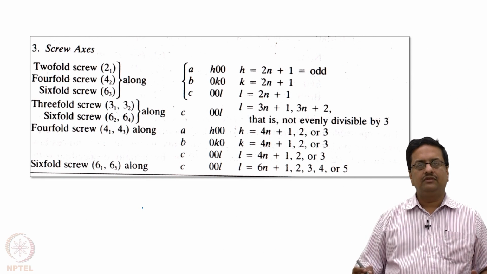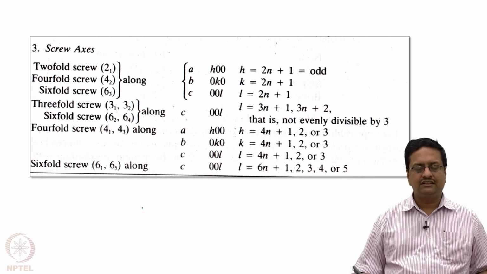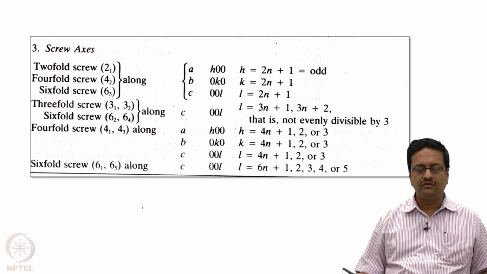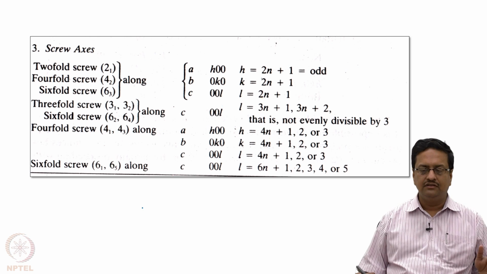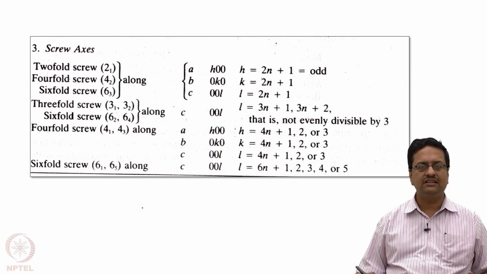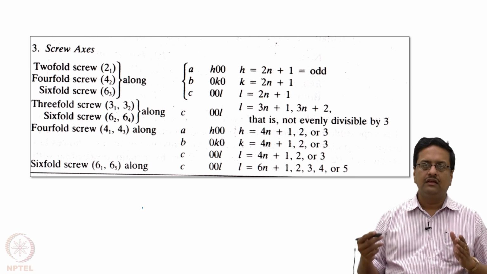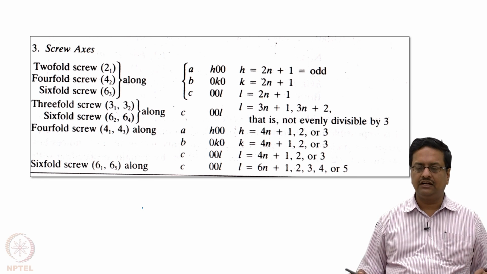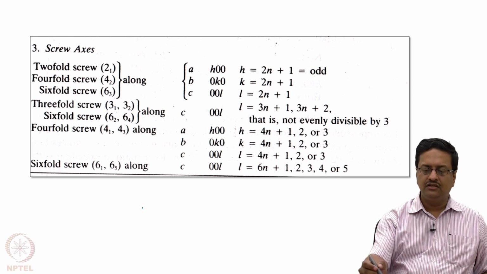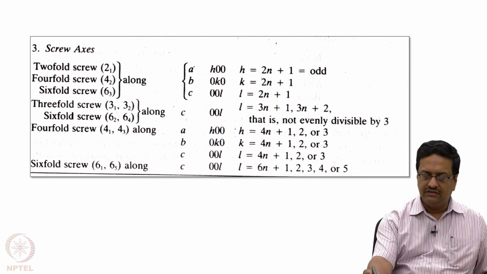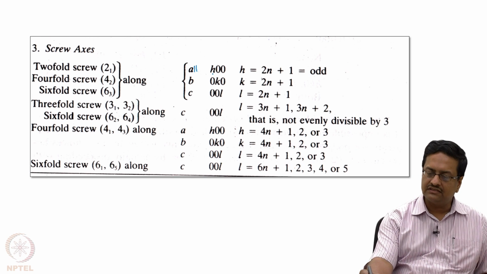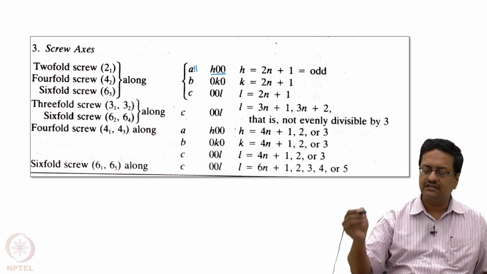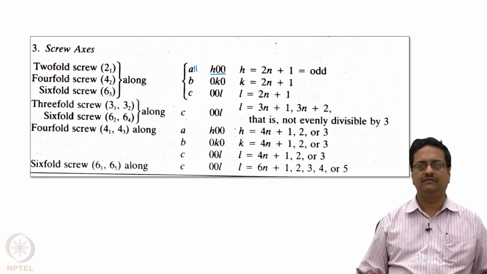In the same manner, when we have a screw axis, it can be a 2-1 screw, 2-3-1 screw or whatever, any kind of screw axis parallel to A, B or C can give rise to systematic absence conditions. If we are talking about a screw axis parallel to A, then the reflections that get affected are the set of H00 reflections.